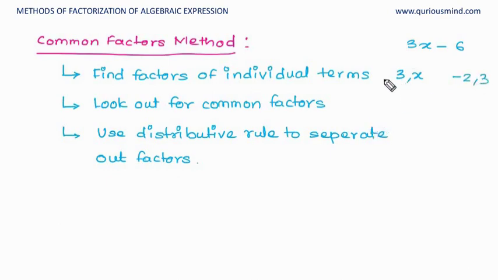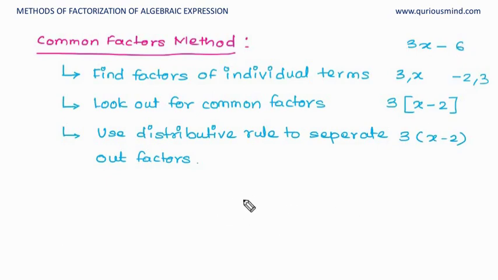Now 3 is a common factor, so I take 3 out, and from this term x is remaining, from this term minus 2 is remaining. This way we have 3 and x minus 2 as two factors of the algebraic expression 3x minus 6.